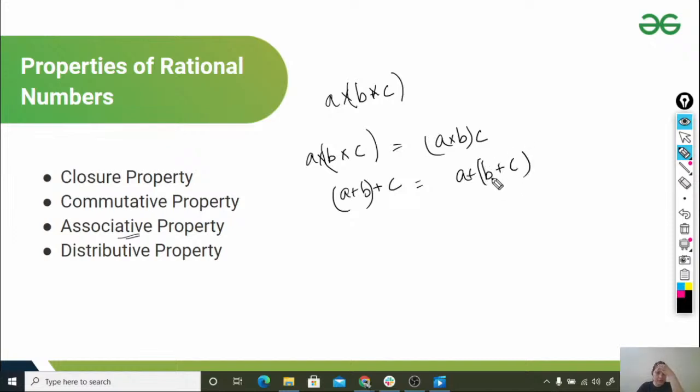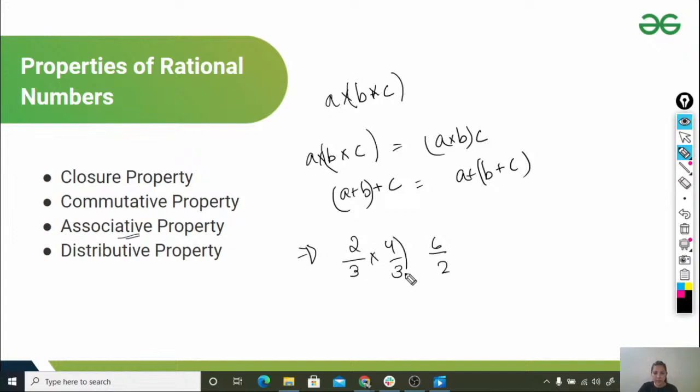So this is the associative property. Let us check if it's followed in rational numbers. So for example, let's say 2 by 3, 4 by 3 and 6 by 2, suppose. These are A, B, C.